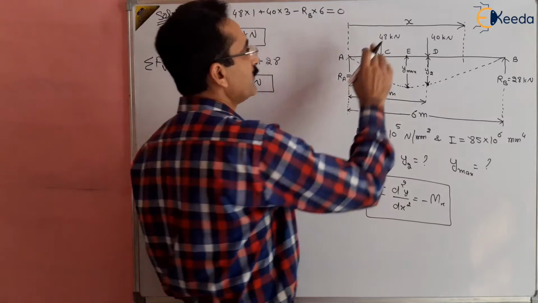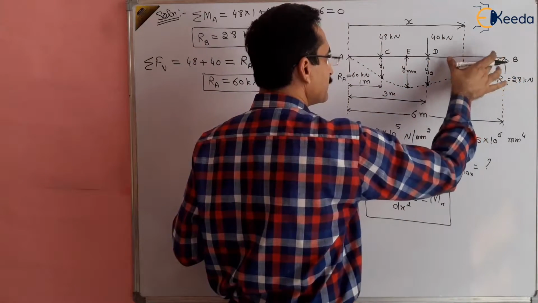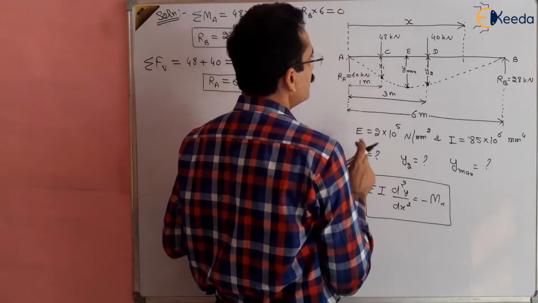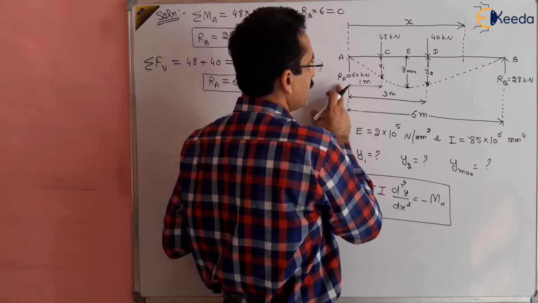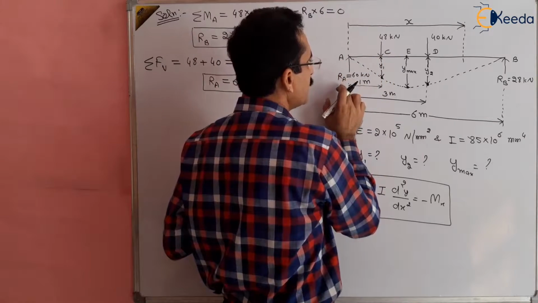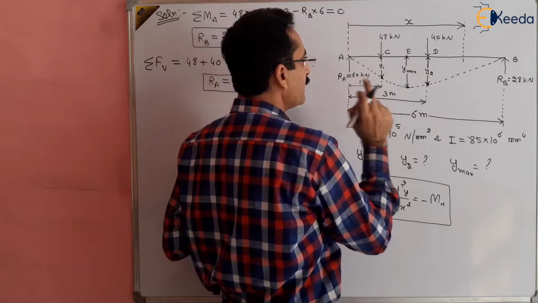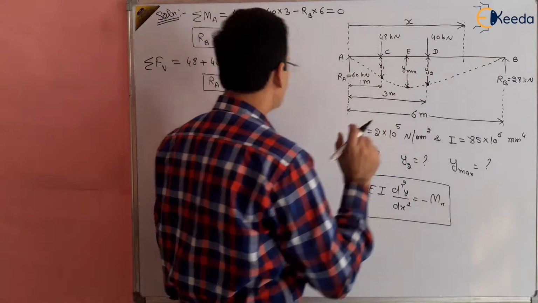Now if we take only one section at a distance x between D and B, the last section of the beam, then the moment of RA will be valid between A to C. When we take the moment of RA and 48, it will be valid between C to D. And when we take the moment of all 3 forces, it will be valid between D to B, right?